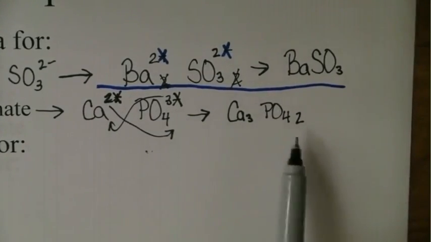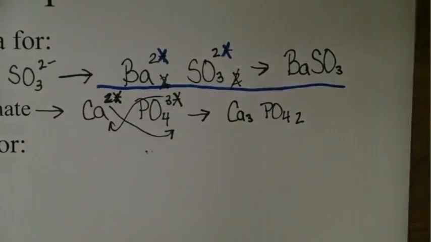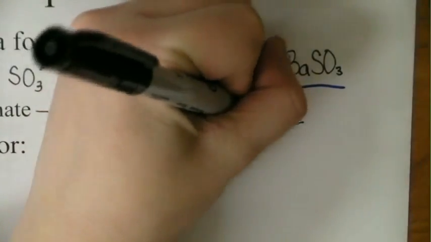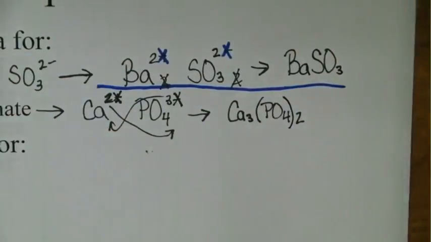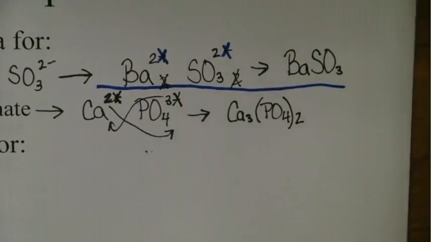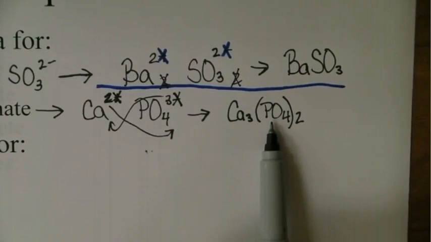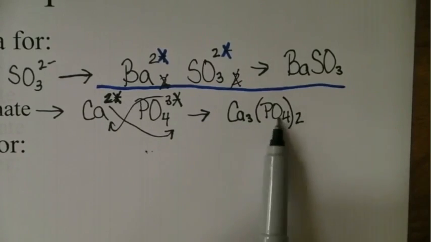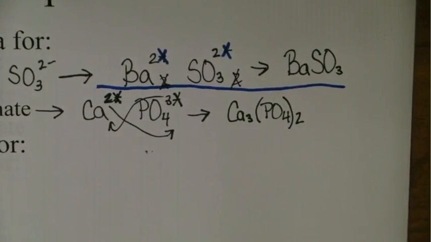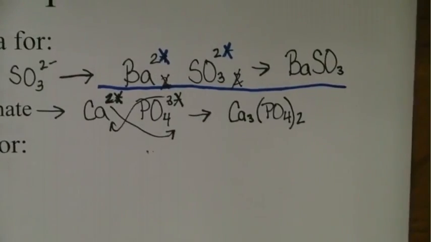So in order to fix this problem so it doesn't look like it's 42 oxygen, you want to put parentheses around the entire PO4. So now it is Ca3(PO4)2. 3 calciums, 2 phosphates. That's no different than what we did before break. It's just a little bit of a bigger ion now, so it looks a little more confusing. It's not any different. All right, 3 calciums, 2 phosphates, Ca3(PO4)2. Hopefully you're still with me.